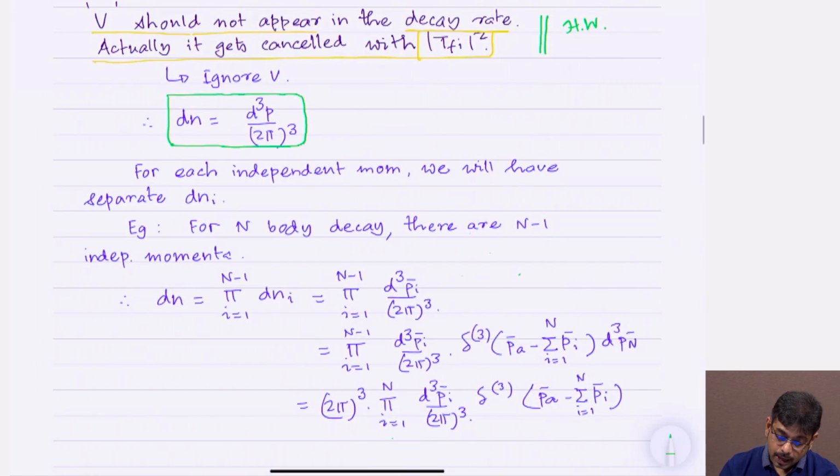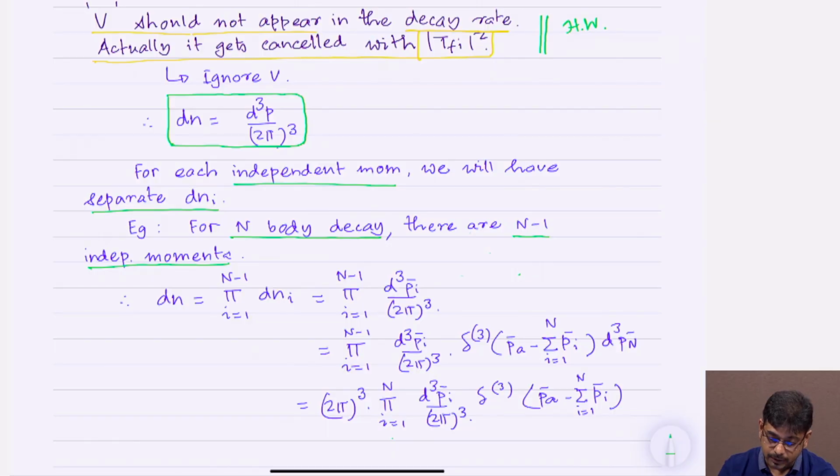Now, if you have different independent momentum states, they will have separate dn_i. If you have an n body decay, that is an n body final state, there are n minus 1 independent momenta. Why n minus 1? Because there is a momentum conservation with respect to whatever initial state is generating the final state.